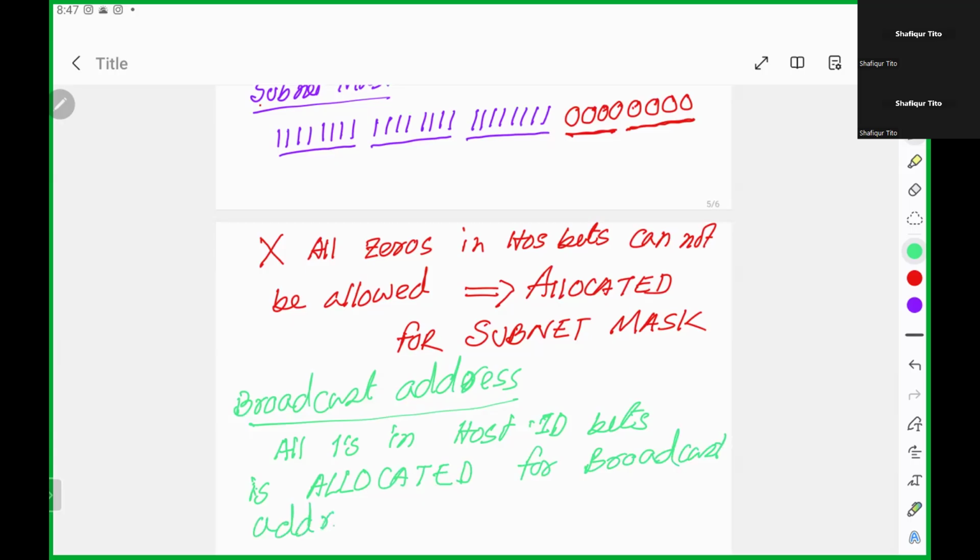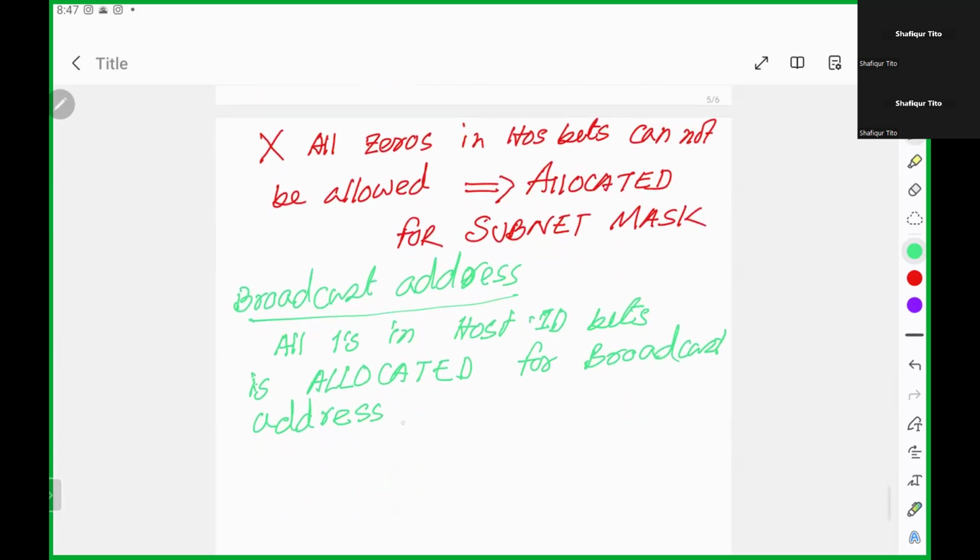So that means if I want to send the message to all the devices, we are using all ones in the host bits or host ID bits.